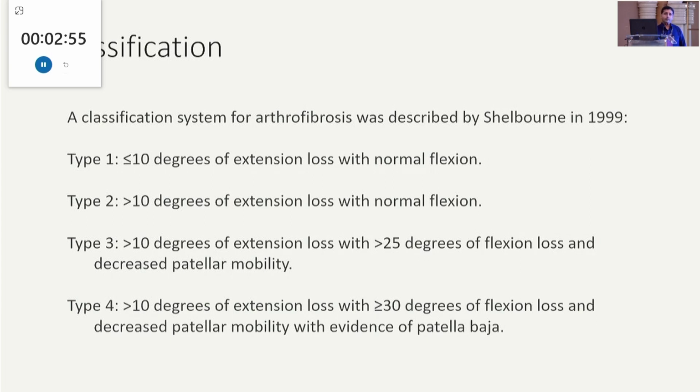It was based mainly on his experience with post-ACL arthrofibrosis, where type 1 was less than 10 degrees of extension loss with normal flexion, and type 4 was more than 10 degrees of extension loss. This was the first time extension loss was considered significant in terms of knee stiffness.